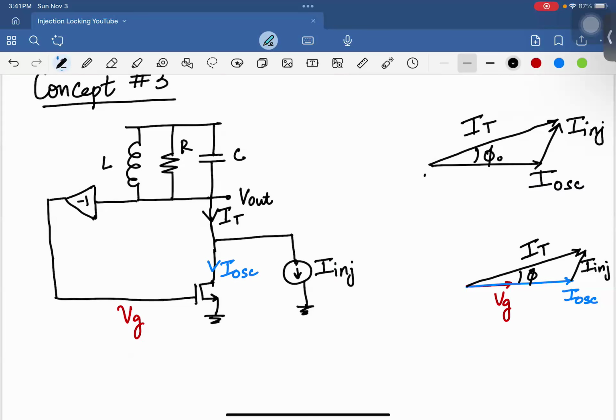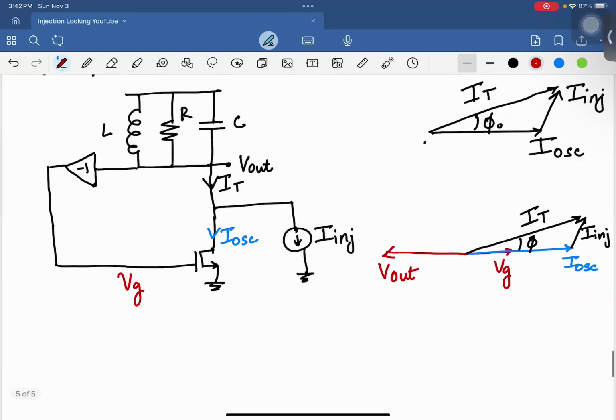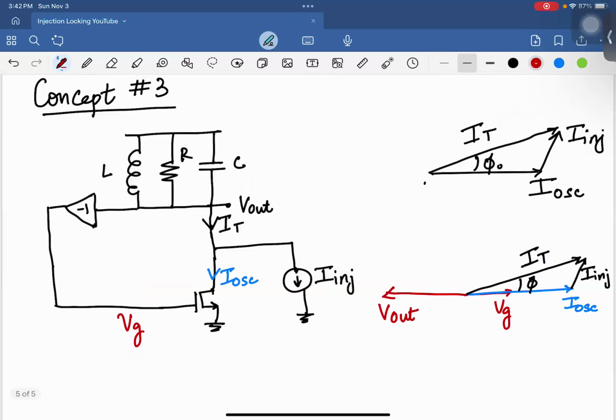So the tank now has to oscillate at a slightly offset frequency so that the out ends up here. And then when you go through an inverter, you're back to VG, right? So that the phase condition is met. Okay. So keep in mind that here we are looking at this phasor diagram at omega injection. Phasors, of course, have to be at a single frequency. So we're looking at this entire phasor diagram at omega injection.